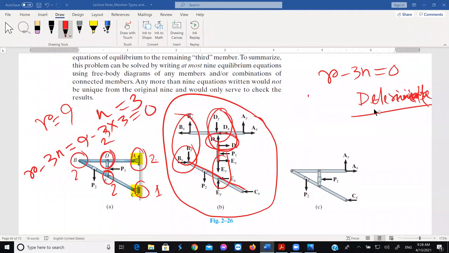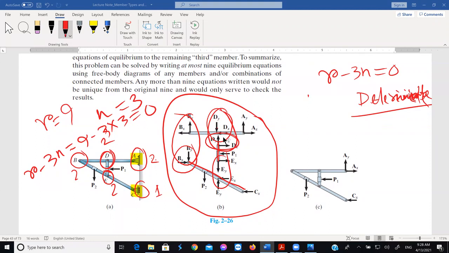So our structure turns out to be statically determinate. That means we can determine all the support reactions and internal pin reactions using the equilibrium equations. We can apply the equilibrium equations on this structure as a whole, and also for each component of these members.